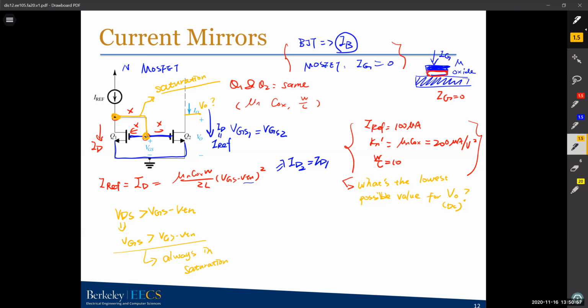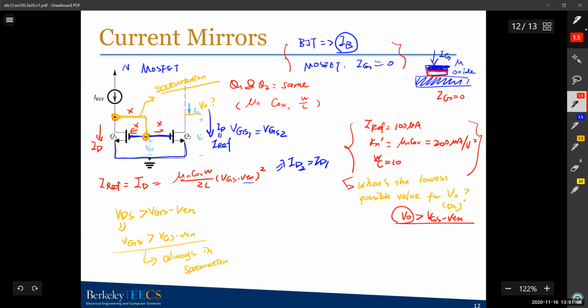So what's the lowest possible value for Vout? Your Vout should be at least greater than VGS minus VTN to keep saturation. The lowest possible value of Vout will be VGS minus VTN, which is the lowest possible to maintain saturation operation of your MOSFET.